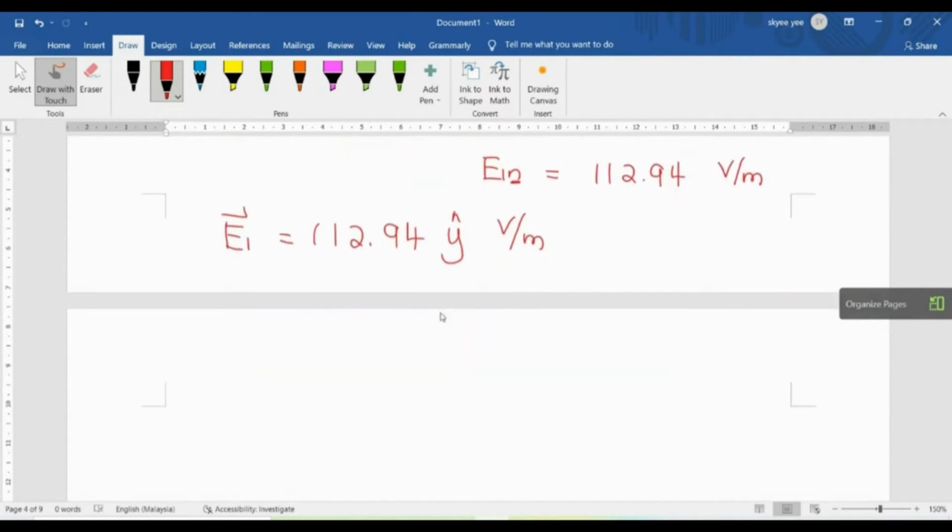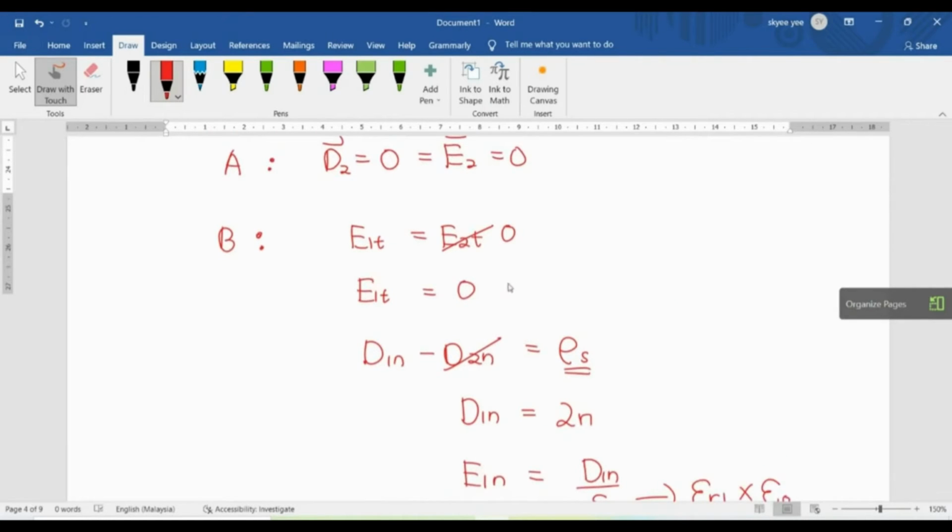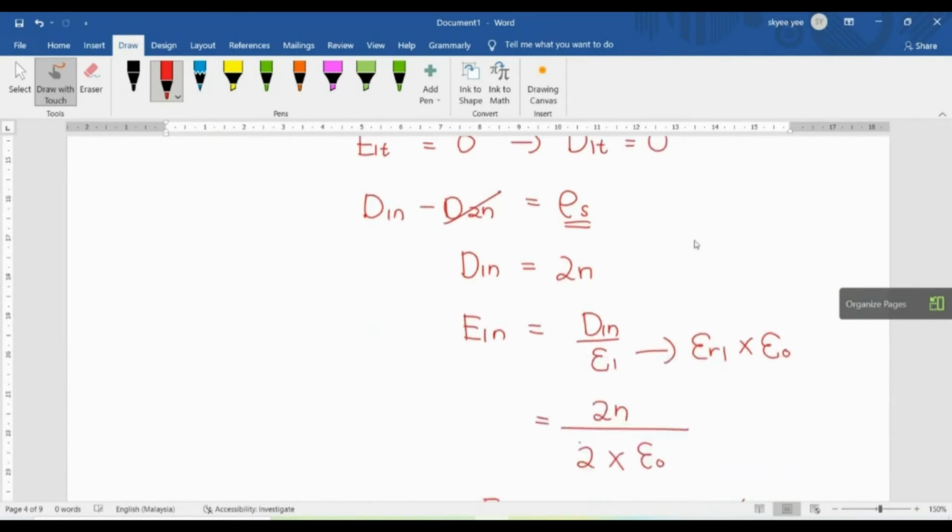Now let's look at the D, because we need to find out what D1 is also. For this one, D1T is equal to 0. Same thing. D1N is equal to 2 nano.